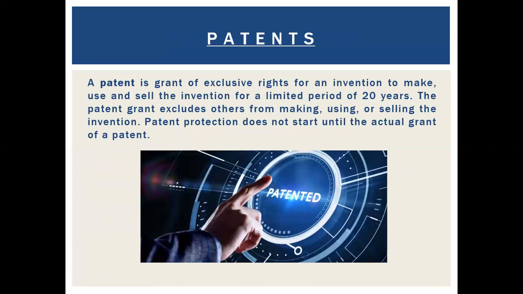Now, start with patents. What is a patent in intellectual property? Here we look at the definition, which I am going to underline for you. A patent is a grant of exclusive right for an invention to make, use, and sell the invention for a limited period of 20 years.